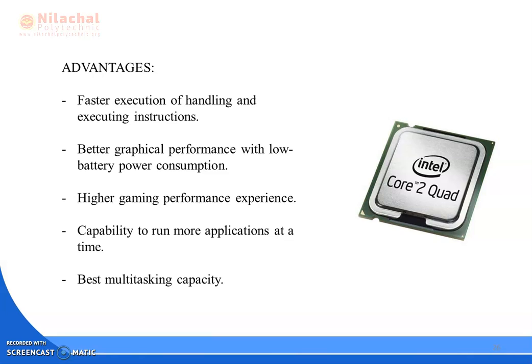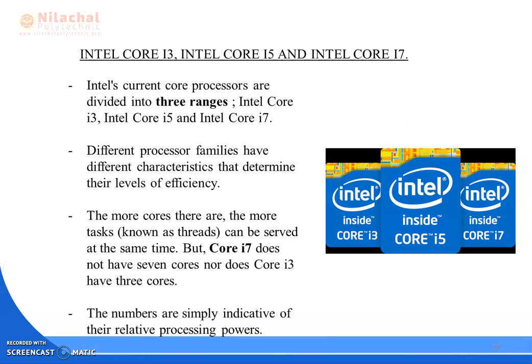It provides a higher gaming performance experience. It has a higher capability to run more applications at the same point of time without boosting the clock speed. It is also best in multitasking capacity, or providing multitasking at one point of time. So these were the advantages of the quad-core processor.